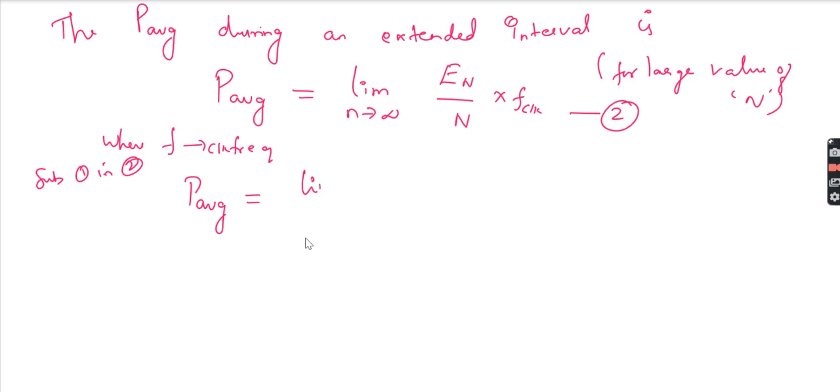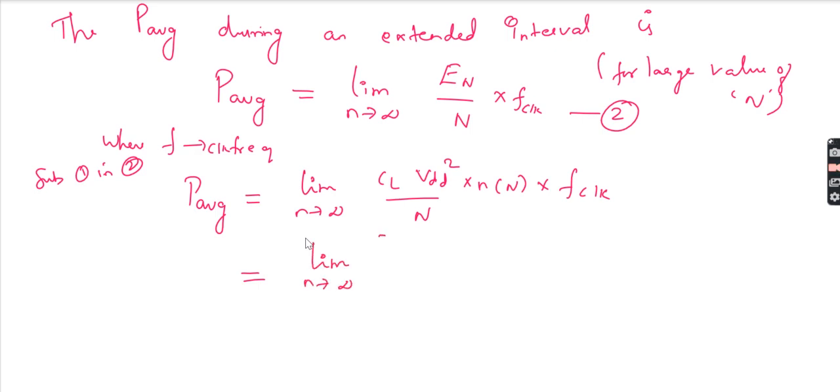So what I'll get: the limit N tends to infinity, where En is nothing but CL VDD square into n of N into FCLK, right? Now just do a little work here, changing the limit. I will take n of N divided by the capital N into CL into VDD square into the clock frequency.